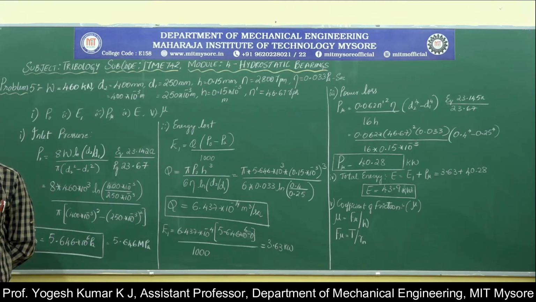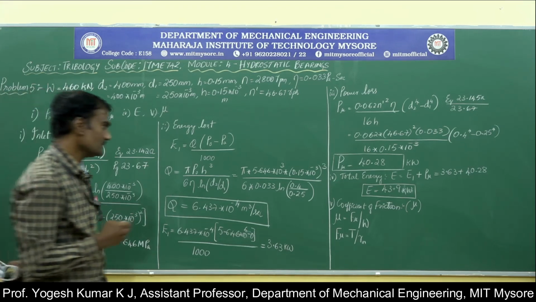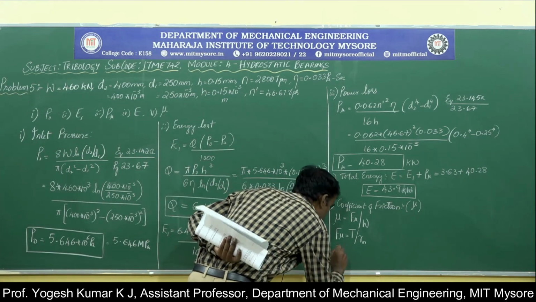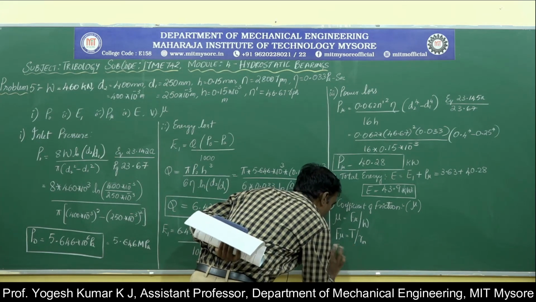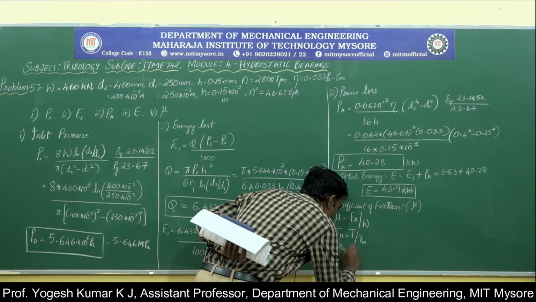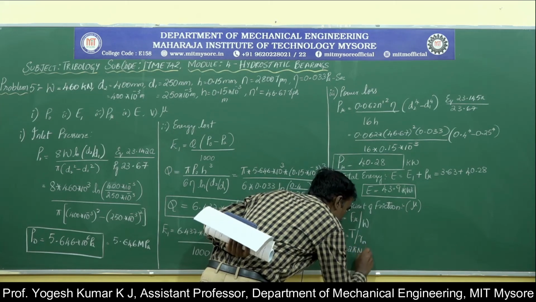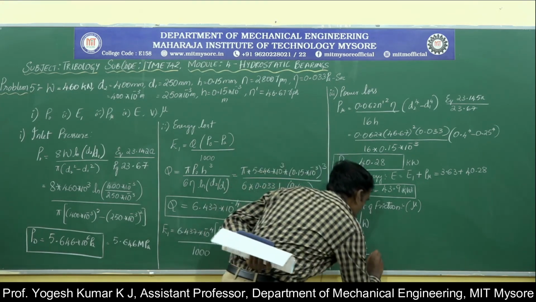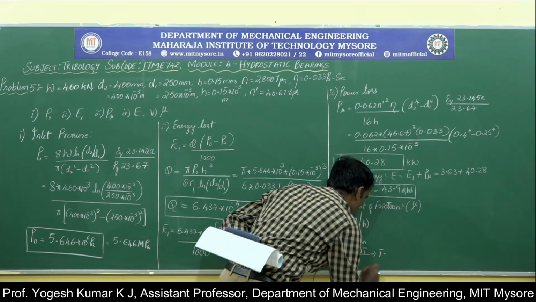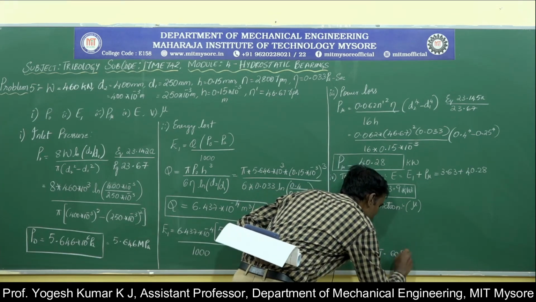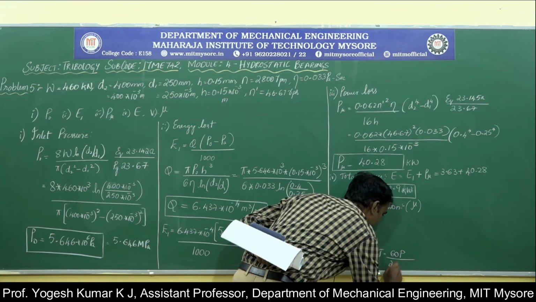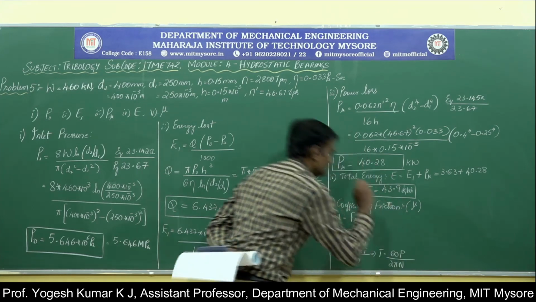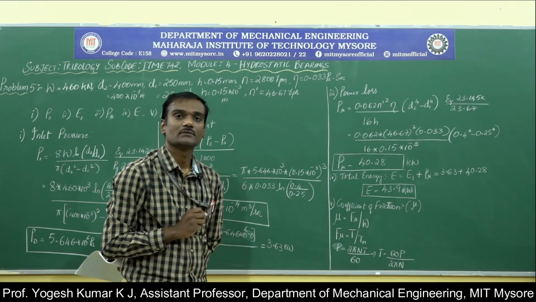So can we cross multiply and establish an equation for our torque? Yes. So I can establish an equation T is equal to 60 times P divided by 2 pi n. Can I get the torque?